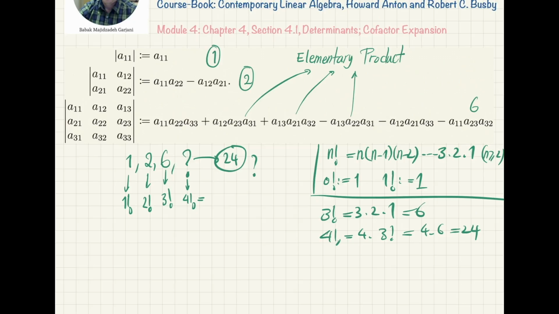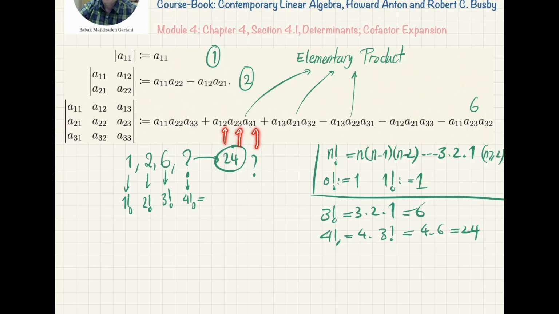On the other hand, the second indices in a given elementary product consist of the same numbers. For example, let us consider here, but now let us focus on the second indices this time. You see, I have 2, 3, and 1 as my second indices. It means that all of them are actually present. 1 is present, 2 is present, 3 is present, but no more than once.